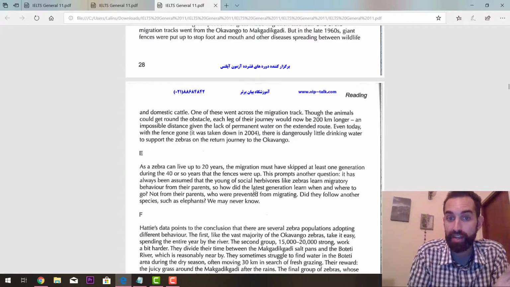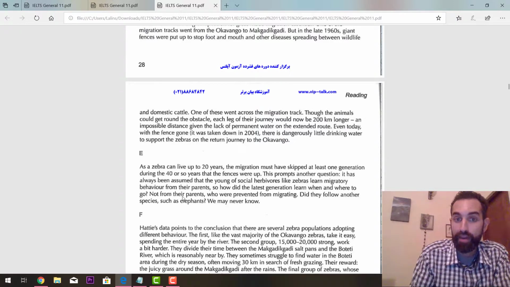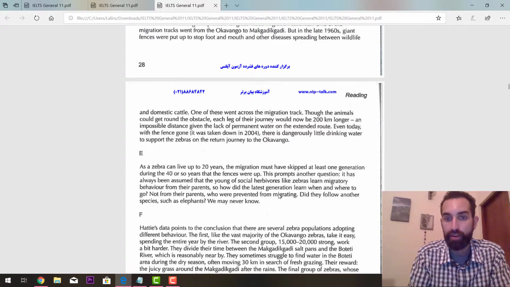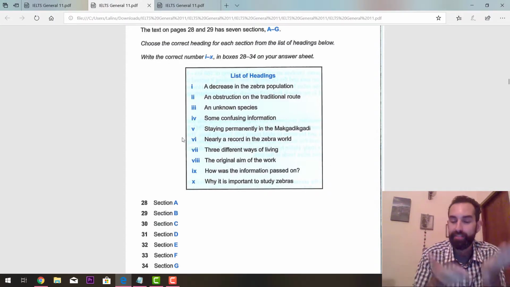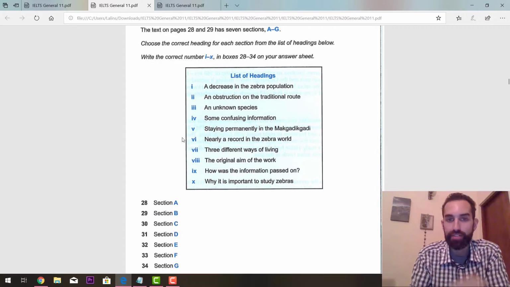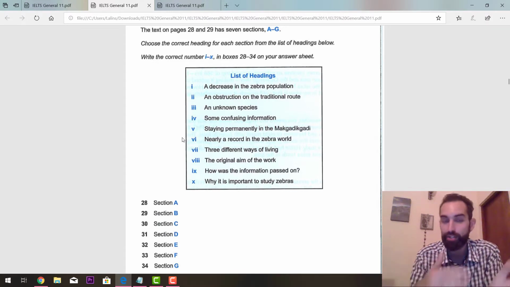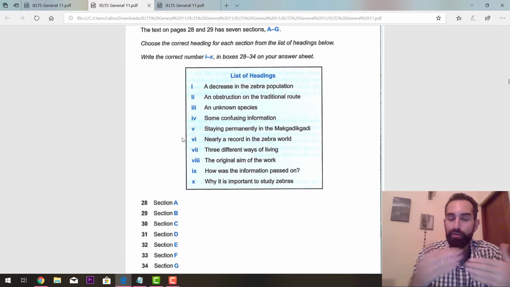So how did the latest generation learn when and where to go? Not from their parents, who were prevented from migrating. Did they follow another species, such as elephants? We may never know. That's why it's how was the information passed on: while their parents didn't migrate, the latest generation knows how to migrate. We may never know, apparently.